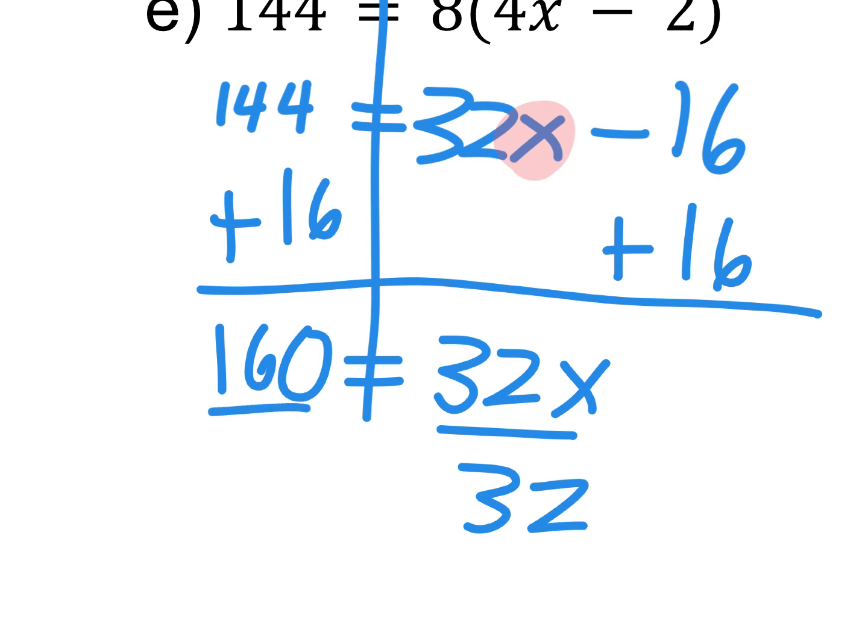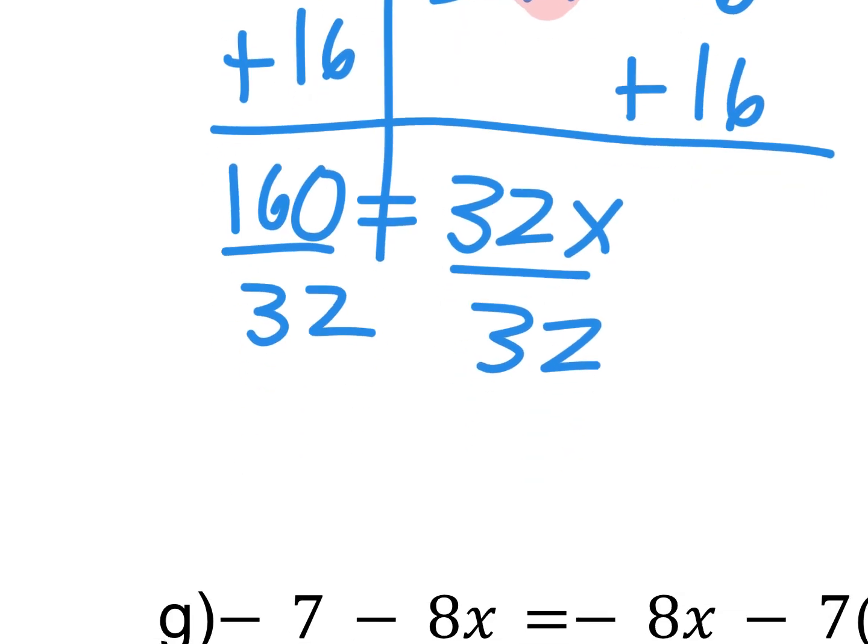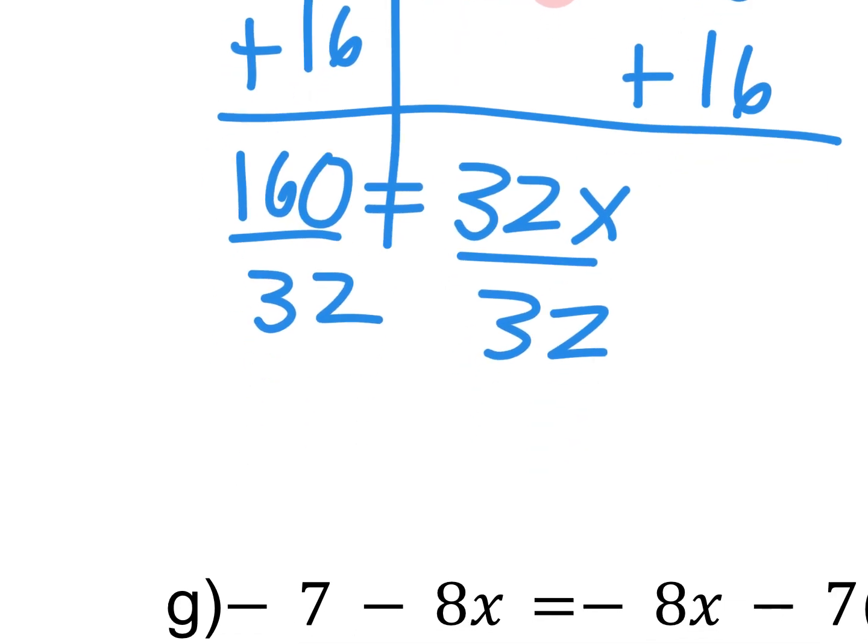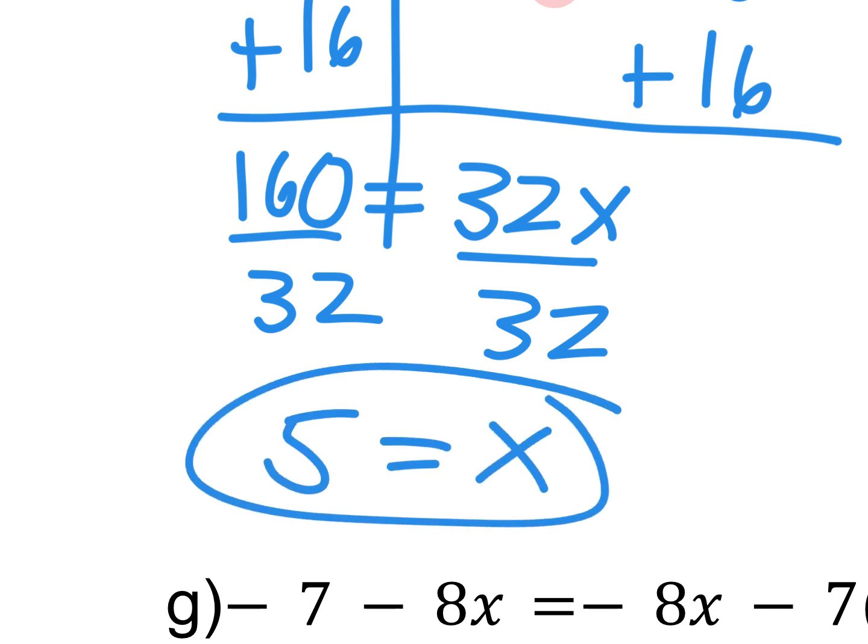Final step, divide both sides of the equation by the number being multiplied with x. In this case, that is 32. Use your calculator. I would highly, highly recommend that. Do 160 divided by 32, and we should get 5 equals x.